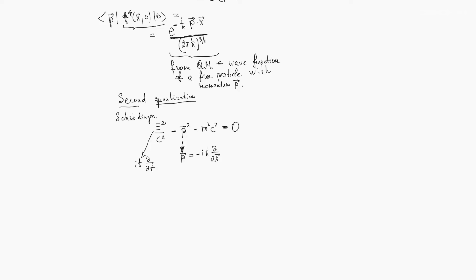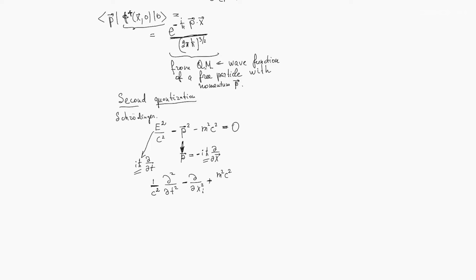If you do this little calculation, you see that what you get is 1 over c squared times the second derivative with respect to time, minus the sum over i, 1, 2, 3, of d over dx_i squared, plus m squared c squared, and since these operators contain h bar, they come with h bar squared, so you need to divide by h bar squared.